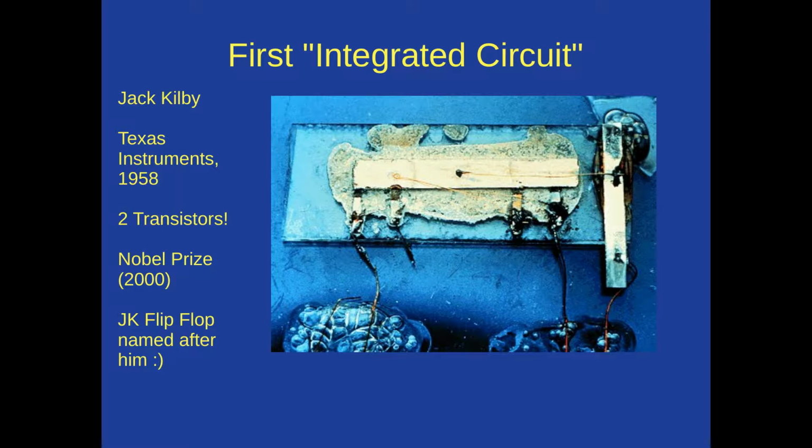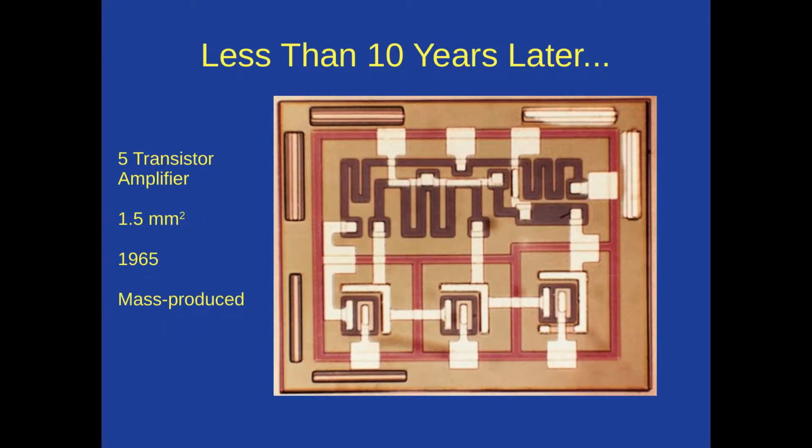And it was invented by someone named Jack Kilby, working at Texas Instruments, and he also won a Nobel Prize for this work. But more importantly, if you've taken Engineering 250 and you dealt with JK flip-flops and you've cursed them, you were cursing his name, because JK flip-flops were named for Jack Kilby. So that's an even greater honor than a Nobel Prize, probably. So 10 years later, integrated circuits looked like this.